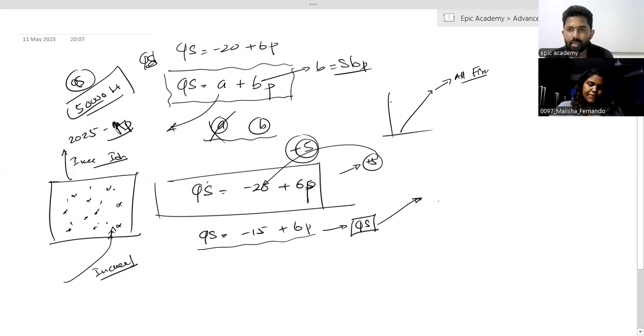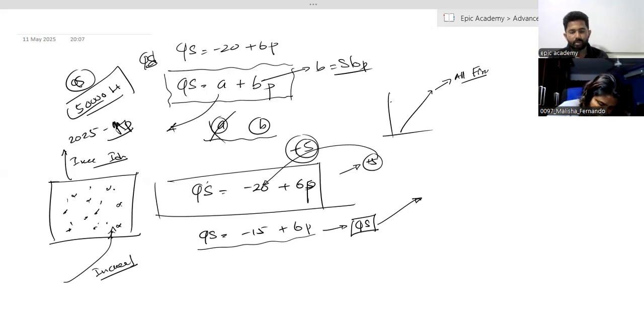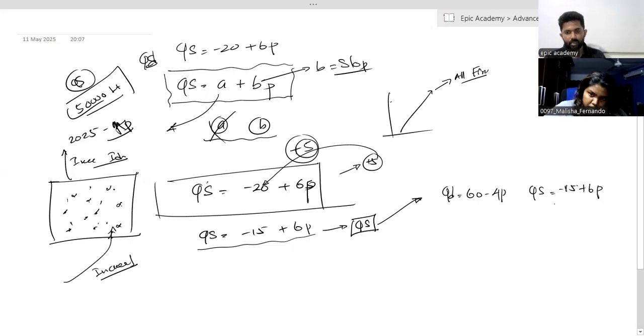Now we have to calculate the new equilibrium position by using the new quantity supply equation. Earlier it was QD equal 60 minus 4P, and the new QS is minus 15 plus 6P.